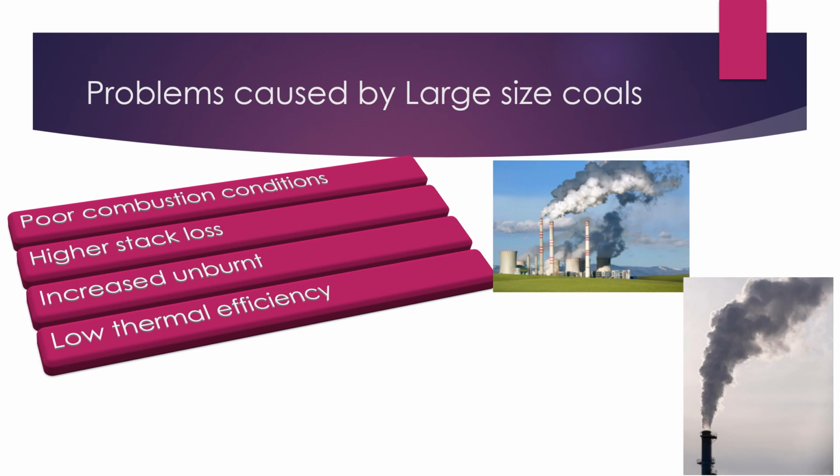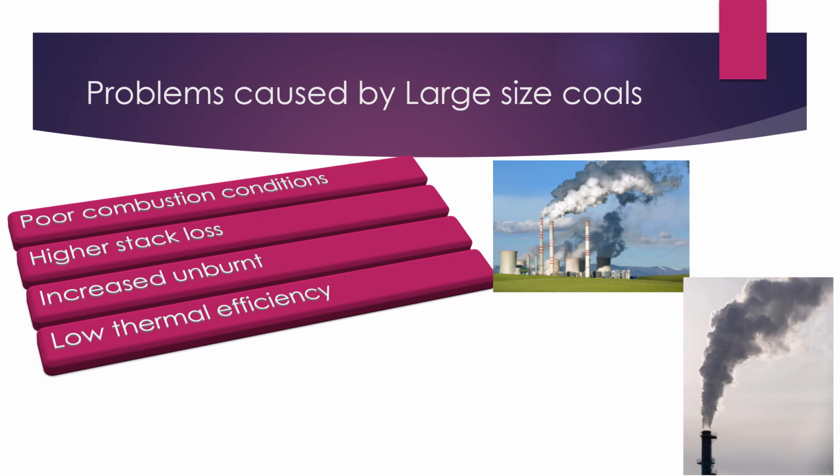When coal particles are converted into fines by grinding, the surface area of the coal particle increases. So each small coal particle can come in contact with oxygen and burn easily. Whereas each and every particle of a bigger size coal does not come in contact with oxygen.